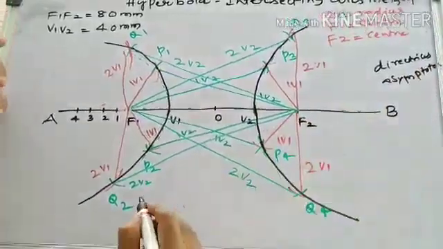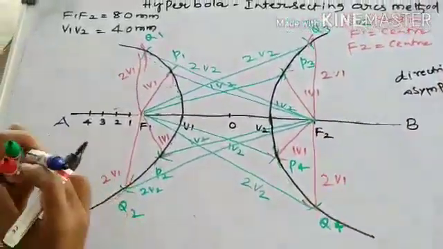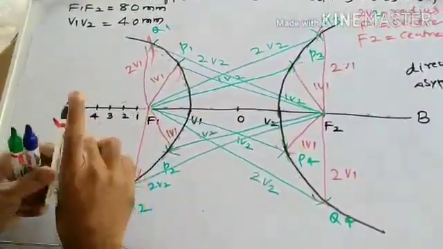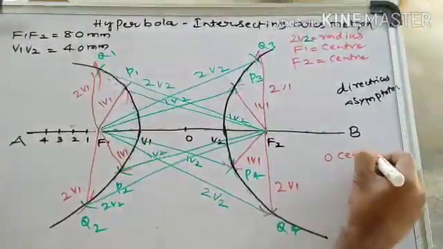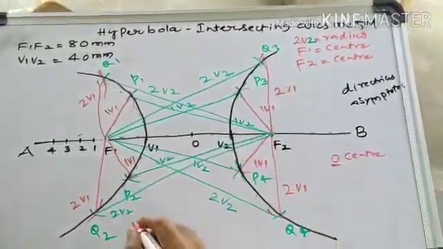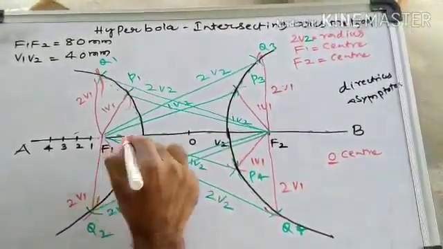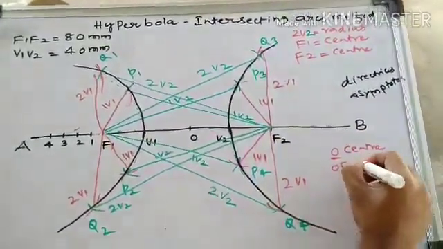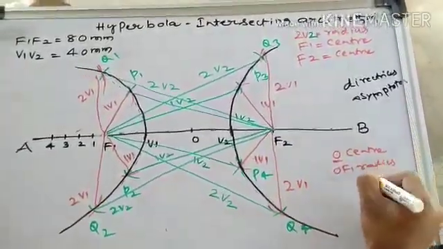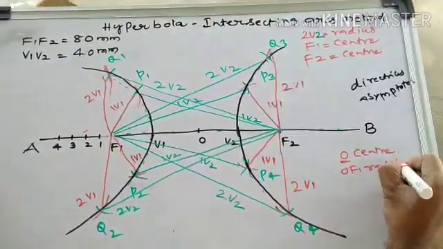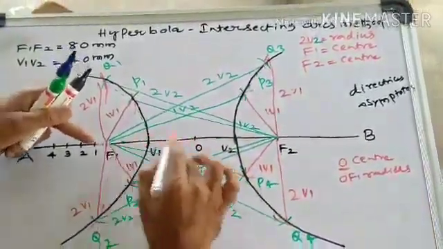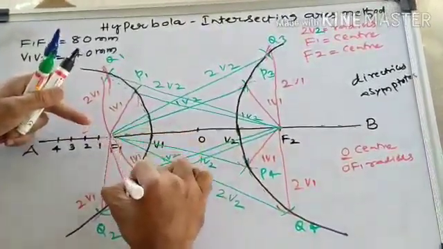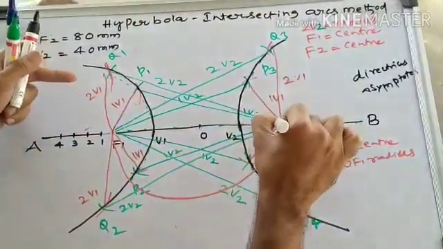First, consider O as a center, OF1 as a radius. Draw one circle. O is the center, OF1, F2 as a radius. Draw one circle.